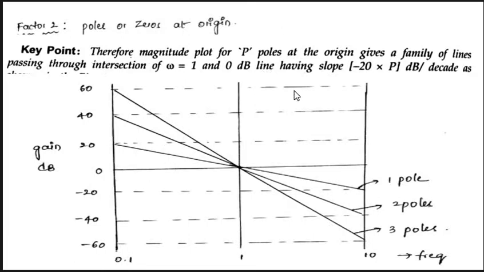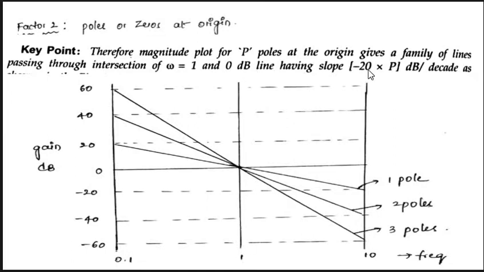This is the condition, minus 20 into p dB per decade, and all the lines intersect at omega equal to 1 on the 0 dB line. So this is the 0 dB line. All the curves intersect this 0 dB line at omega equal to 1. These are the omega values, 0.1, 1, 10, like this. This is frequency, in the sense omega. So all the graphs intersect the 0 dB line at omega equal to 1. That is the condition.